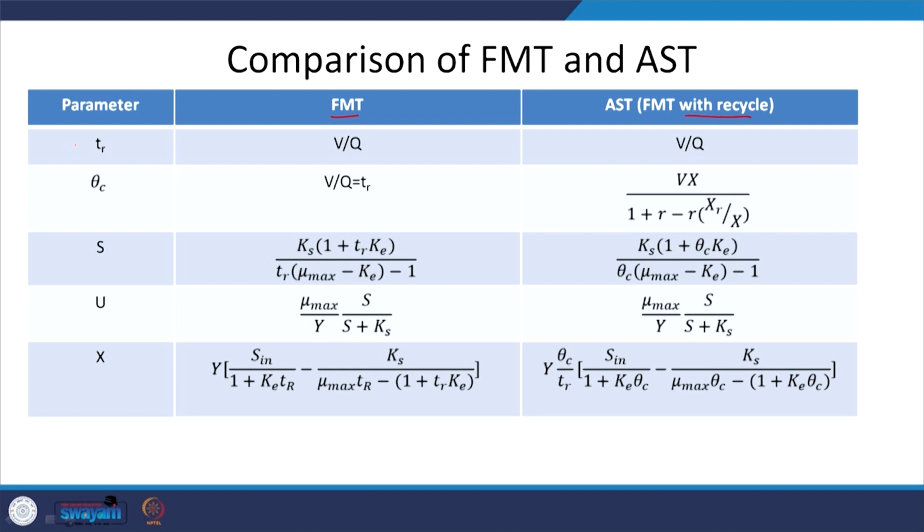Typically I use theta, while sometimes people use TR to represent hydraulic retention time. V by Q is the same for both. Theta C for the case with no recycle is going to be the same as theta. The solids spend the same time as the water molecule, which is why there is no recycle.